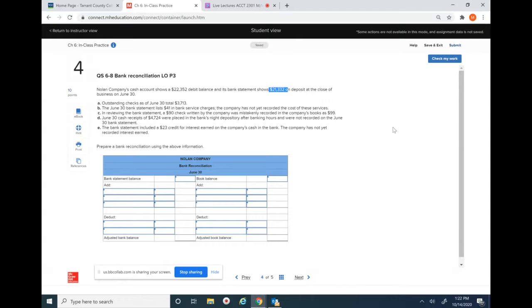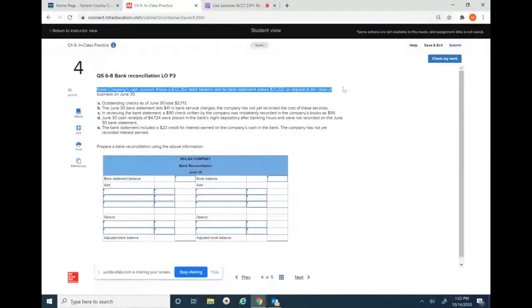On the company's books, the cash account is higher, over $22,000. On the bank statement, the balance is lower. So the whole point of the bank reconciliation is to find the timing differences, to find the errors, and reconcile those timing differences, arrive at the same answer on both sides.